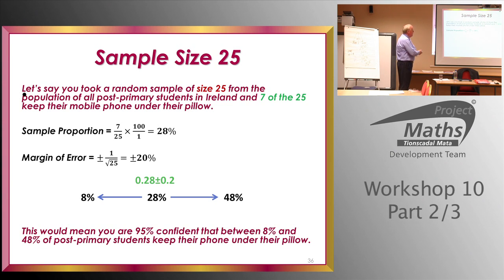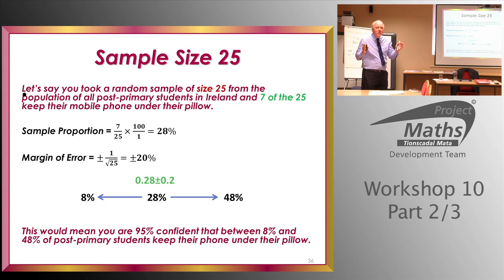The sample proportion is 28%, the margin of error is 20%, so 28% plus 20 and minus 20. We can say that we are 95% confident that between 8 and 48% of post-primary students keep their phone under their pillow.